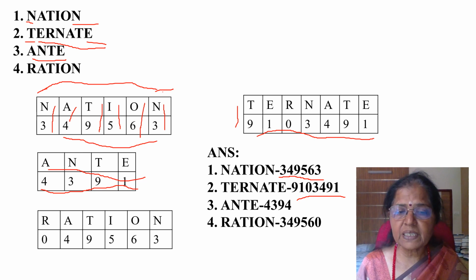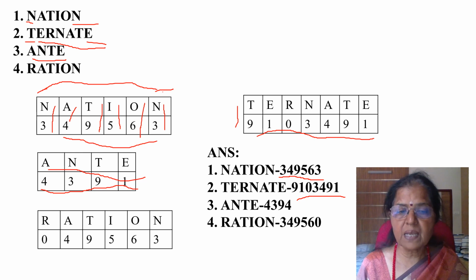And see whether the first condition, what is the first condition? Both the letters are consonants. No, first condition does not apply. A is a vowel. And E is also a vowel, A, E, I, O, U. So the second condition does apply to this.